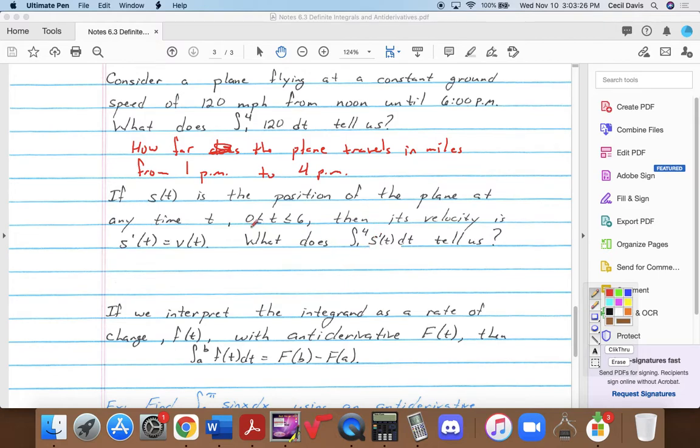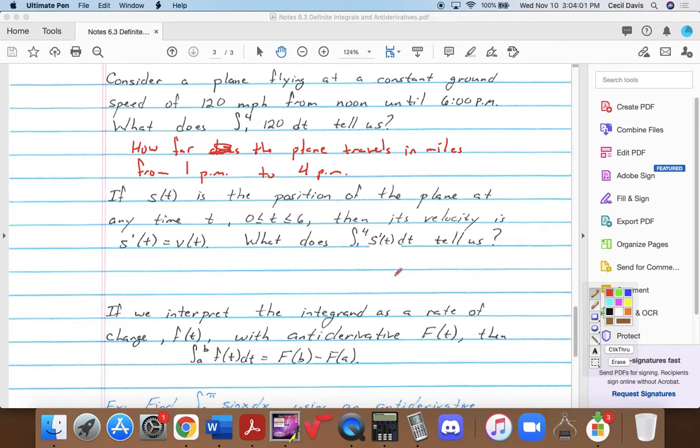All right, so how about this? If S of t is the position of the plane at any time t, between time 0 and 6, then its velocity is S prime equals v of t, right? What does the integral of S prime of t from 1 to 4 dt tell us? So in physics, what do you call that distance that it's traveled?